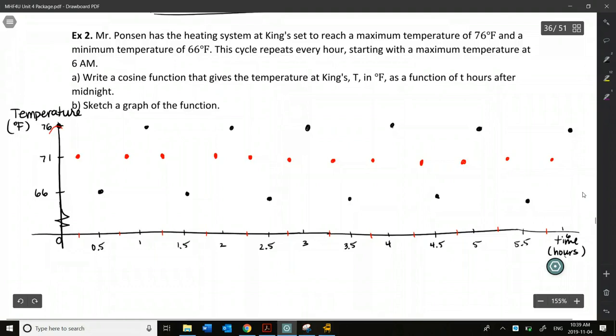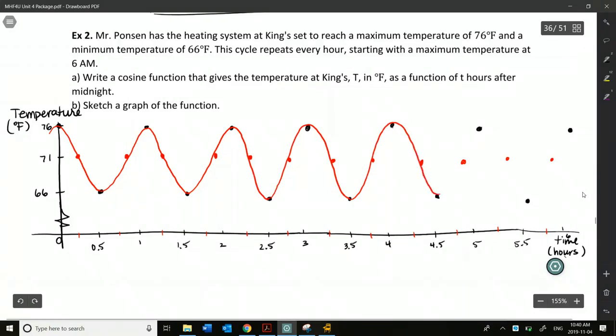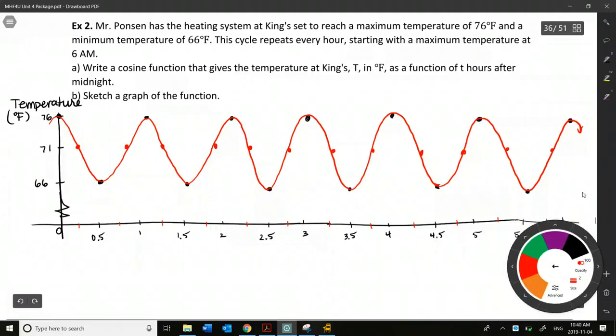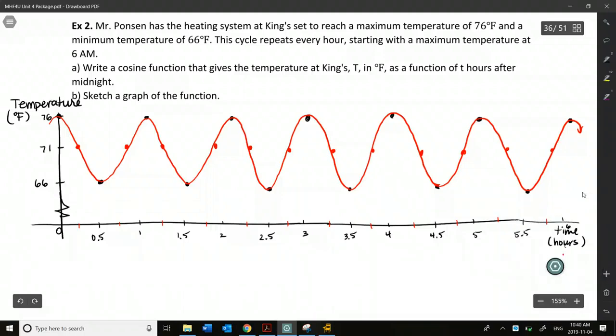All right, so we've just graphed quite a few cycles here. Okay, so there's my graph of my function.